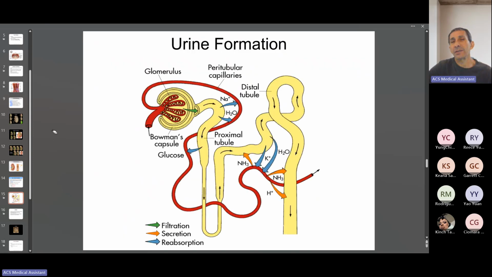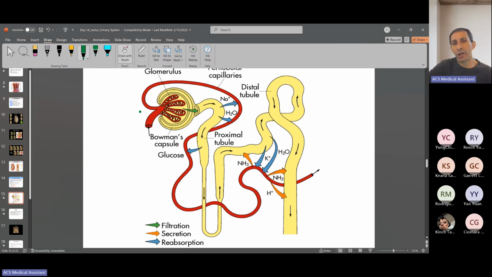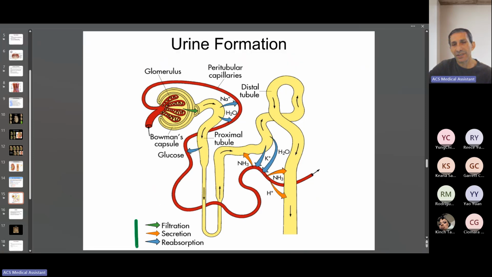So here it is, one nephron. This is a diagram of how a nephron looks. If you look at the bottom part, it says right here the three processes: filtration, secretion, reabsorption. But we're going to see which one is which and where each one of them takes place.